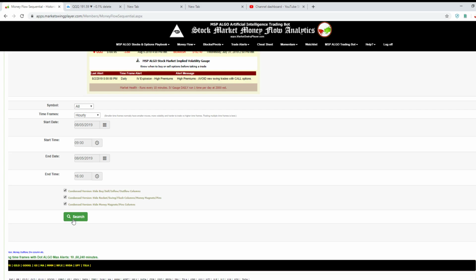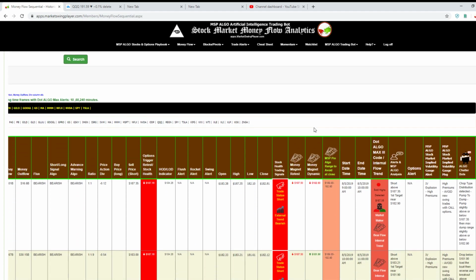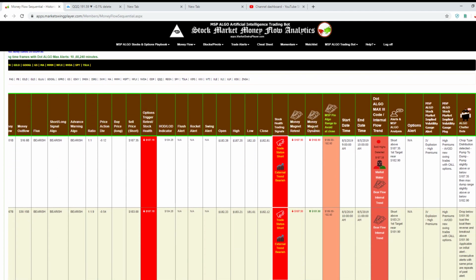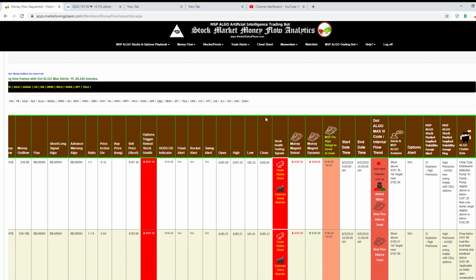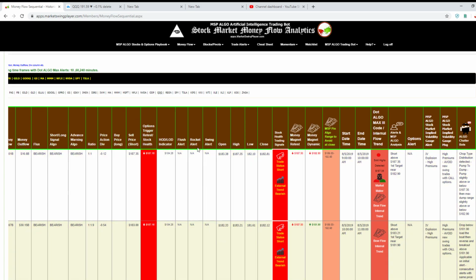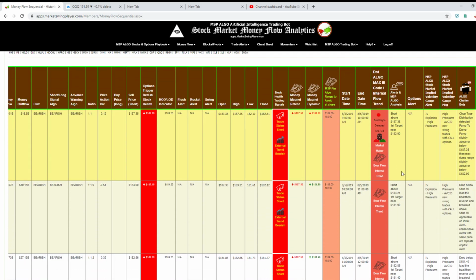Fit all the columns. While we're doing that, when we looked at money flow, see, we have all the columns. Some of these columns didn't disappear like I wanted them to, but that's just fine.